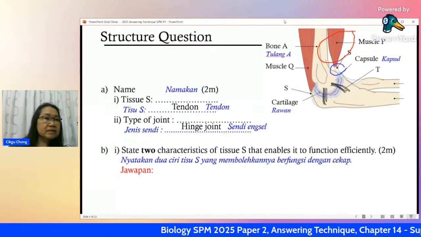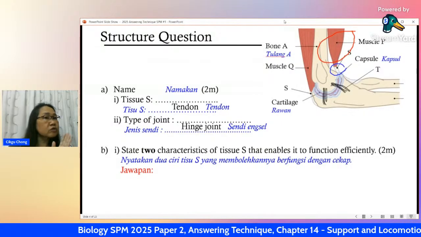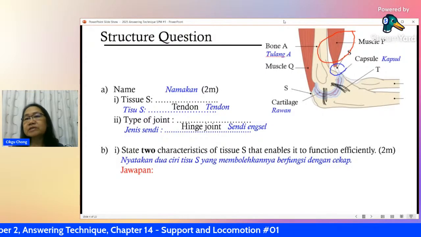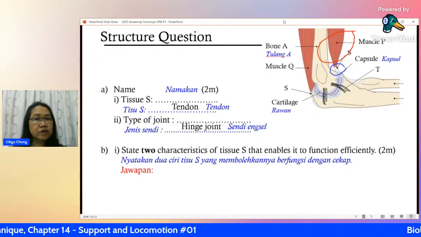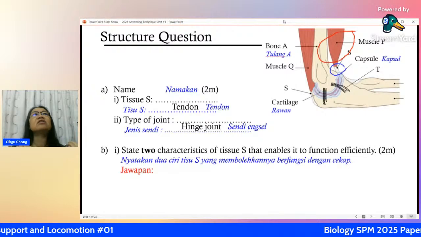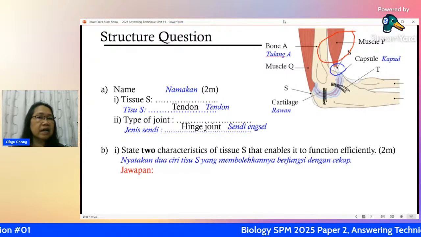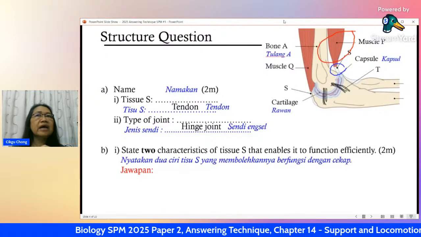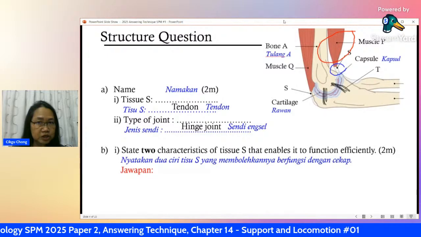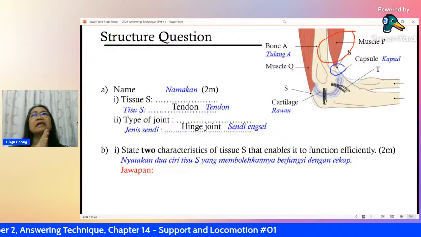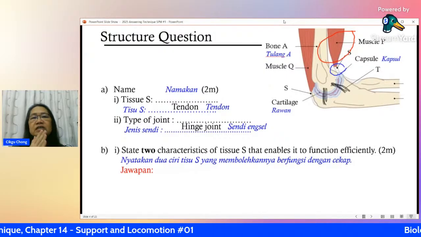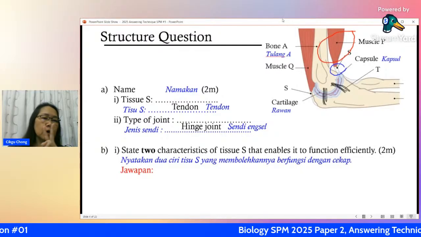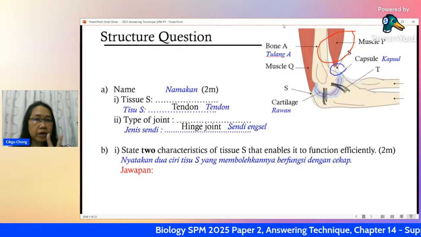There is a simple way I would like you to learn to remember the characteristics of tendon and ligament. For those who have watched my video on chapter 14, you can see in my library there are many videos. In one of the lessons, I taught how to remember the characteristics of tendon and ligament. You have 2 marks here, which means we require 2 points.